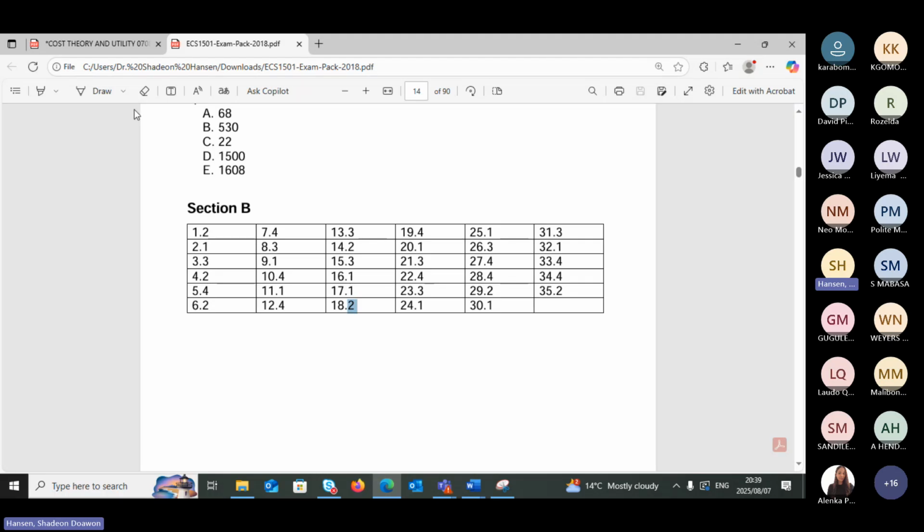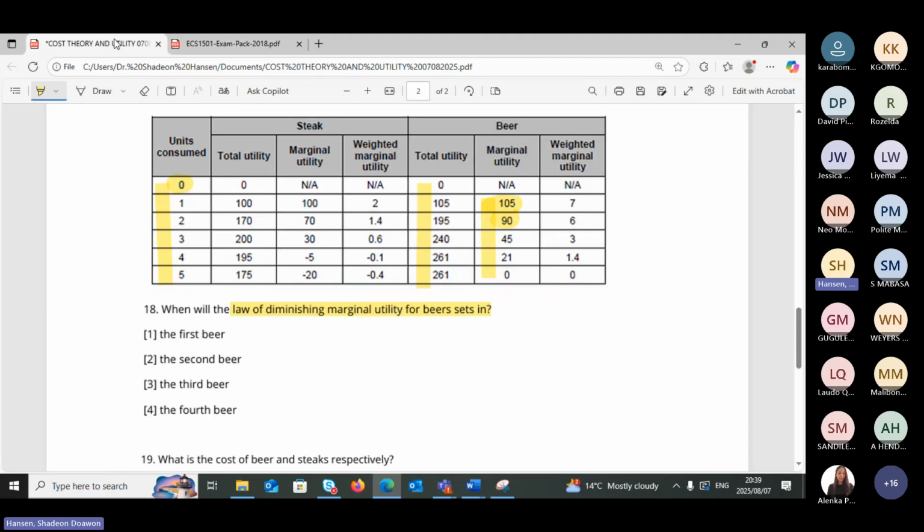So if we were to go back, you see over there, the second beer. What did I say, students? The point at which marginal utility began to decline. At 1 unit of beer, when you drank one beer, his marginal utility was 105. But then when he went on to the second beer, most likely people just can't drink one beer, but let's leave it there.